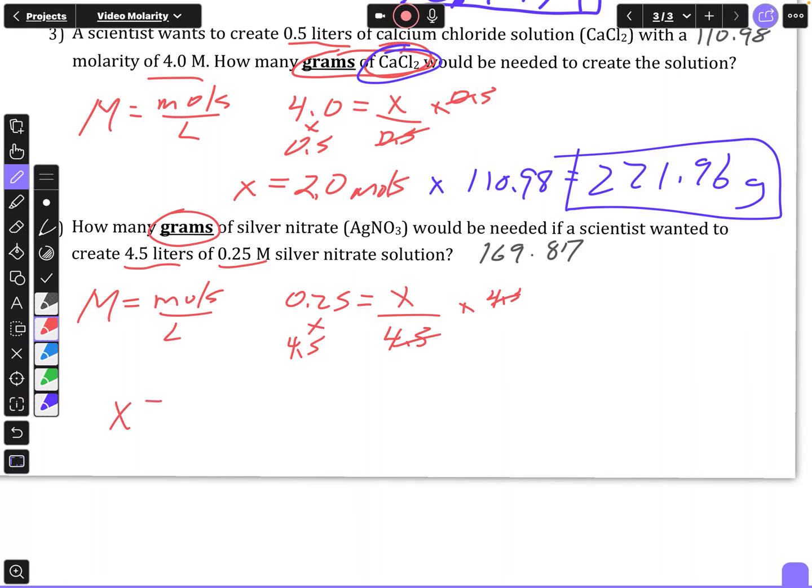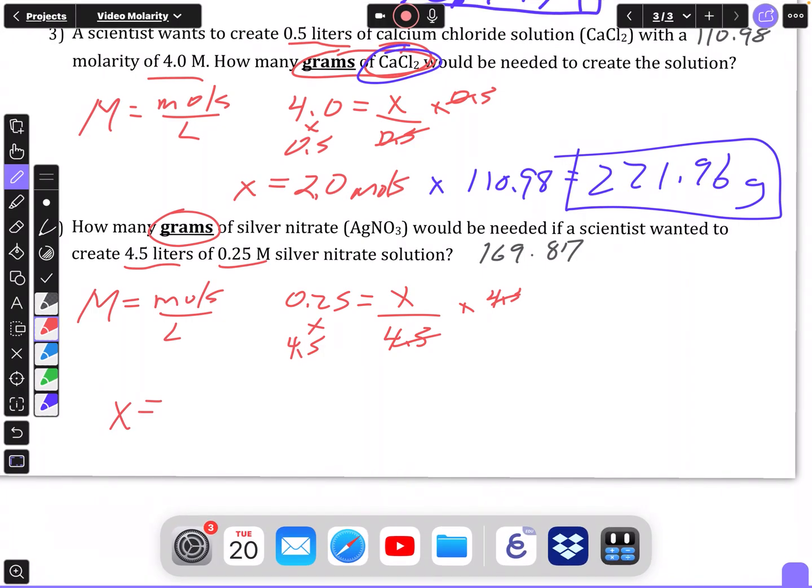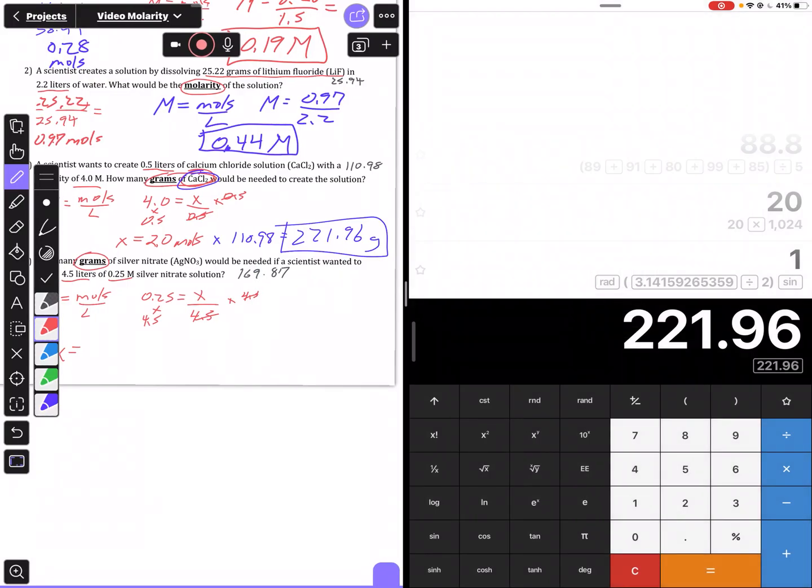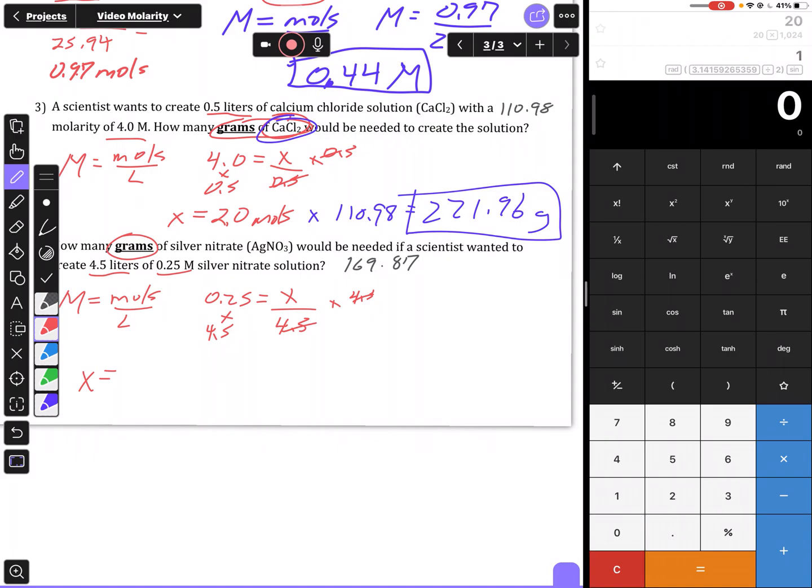And that's going to give me 0.25 times 4.5. And I'm going to round this to 2 decimal places. That would be 1.13. And now I've just found moles of AgNO3.